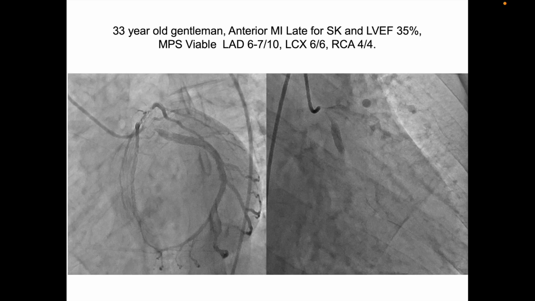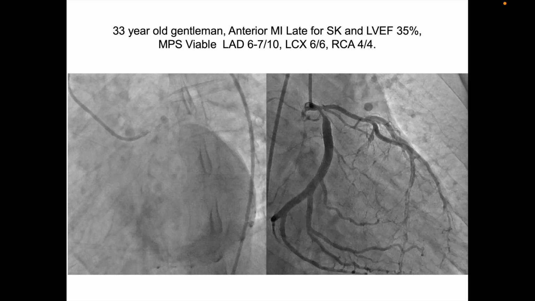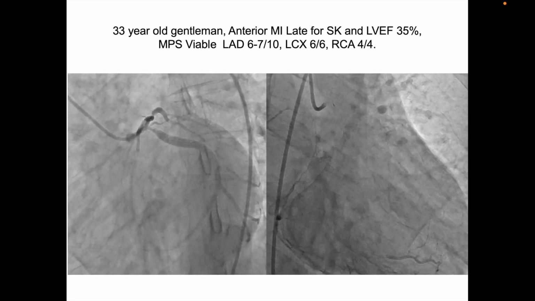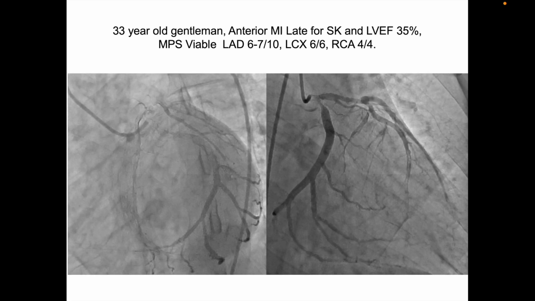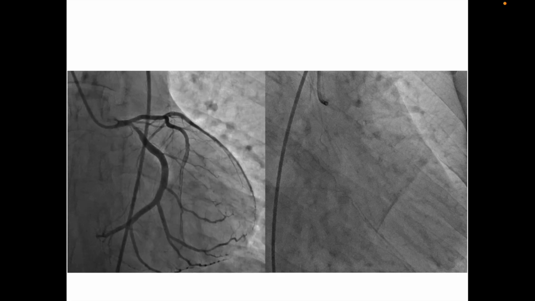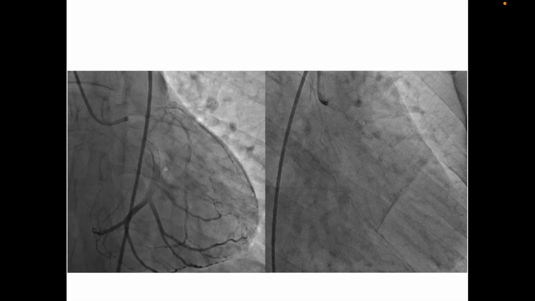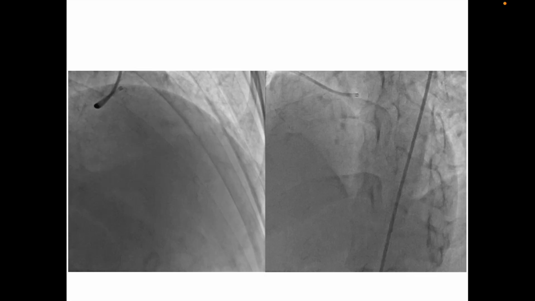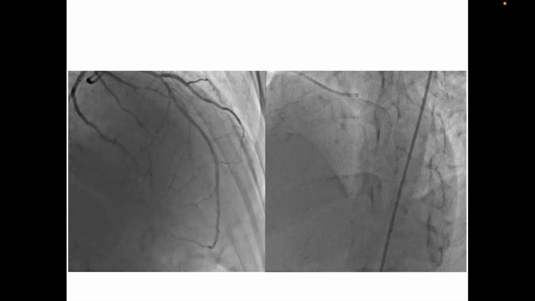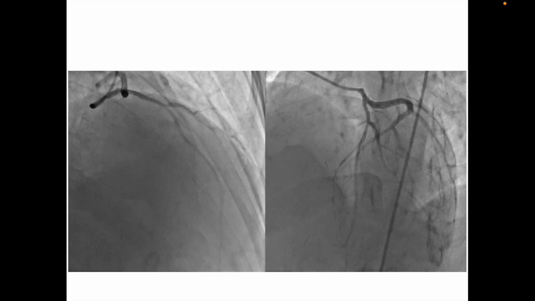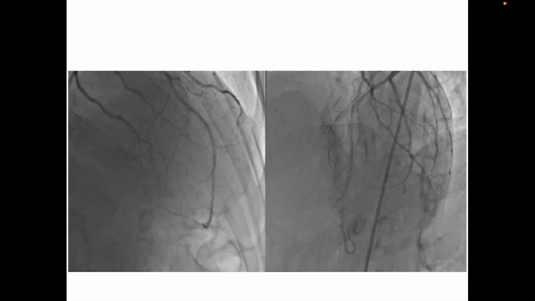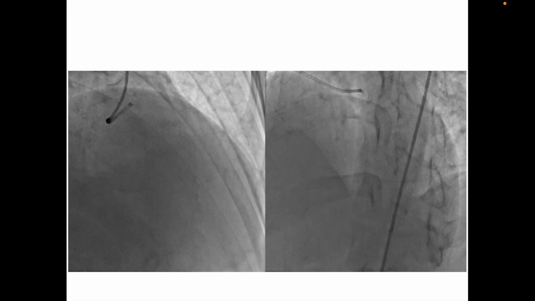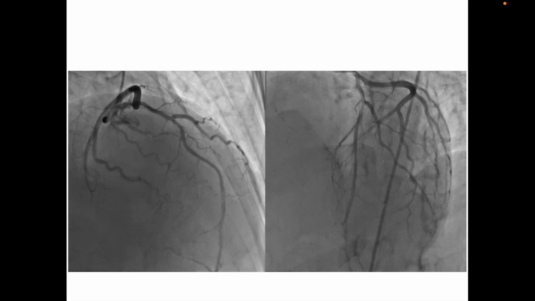That was my opinion initially. And there is a healed or an organized thrombus seen in mid to distal LAD. So again, looking at different views, that's the caudal views and that's the cranial views. So how would you proceed with this patient?